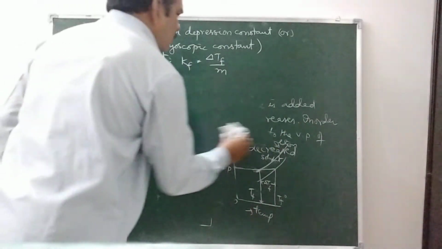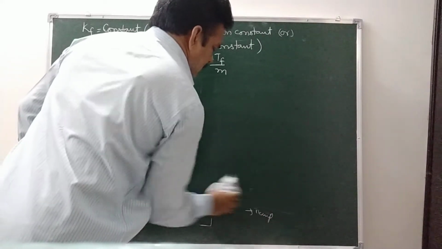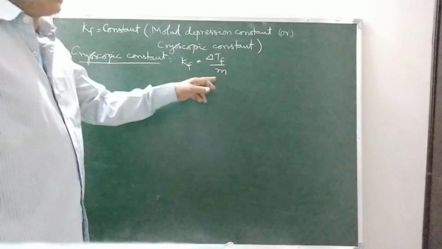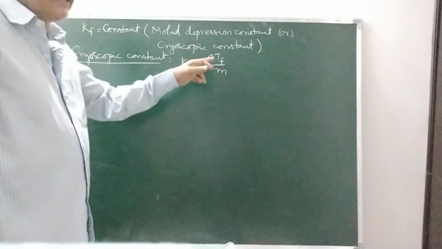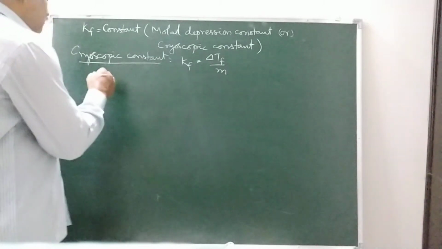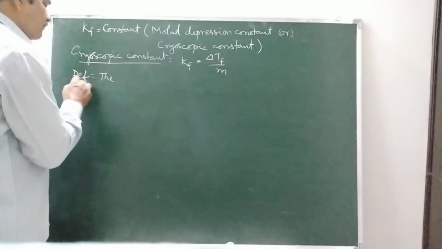That means for a 1 molal solution, the depression in freezing point will be equal to the cryoscopic constant. So, how to define the cryoscopic constant?